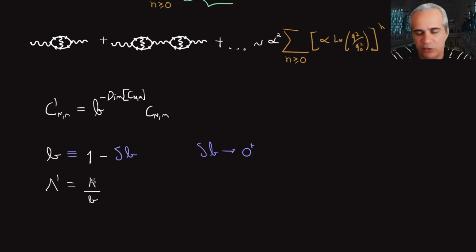So when I do that scale transformation, I'm stretching the cutoff, the effective cutoff for that theory under these new coordinates, right?